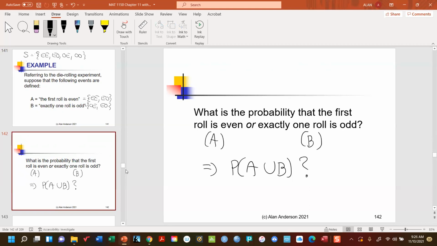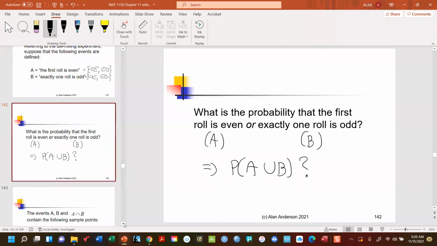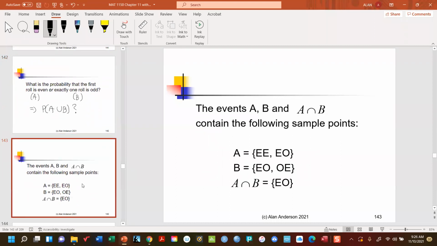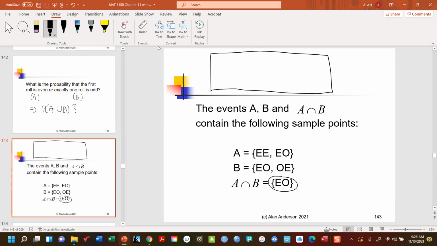All right, well, now we're going to apply the rule. So we remind ourselves that A contains the elements EE and EO, B contains the elements EO and OE. The intersection between them is actually this element EO. They do overlap. I'm going to do the Venn diagram in a very interesting way.